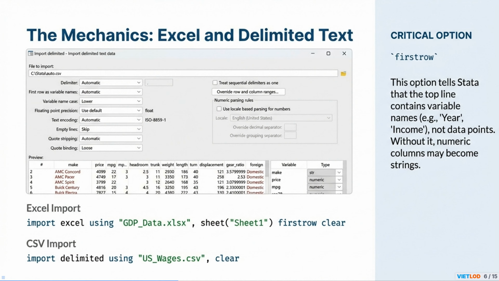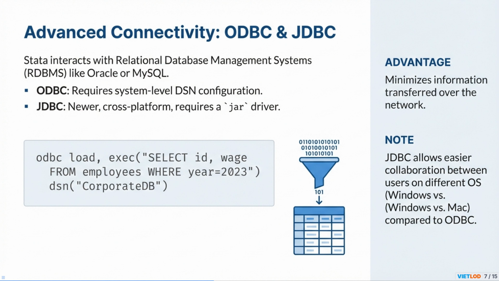For example, if your CSV file has headers country, GDP, year, using the firstrow option ensures Stata creates 3 variables with these names. Without it, Stata might name them A, B, C, and treat country, GDP, and year as the first observation. Failing to use firstrow can lead to numeric columns being incorrectly classified as strings, preventing mathematical operations.